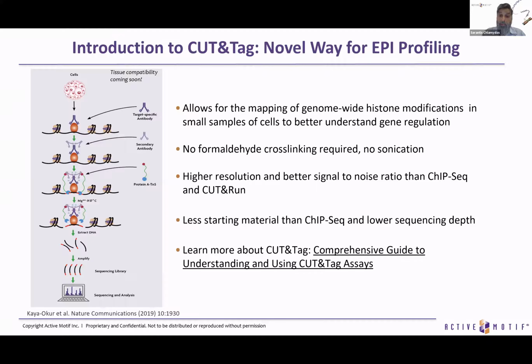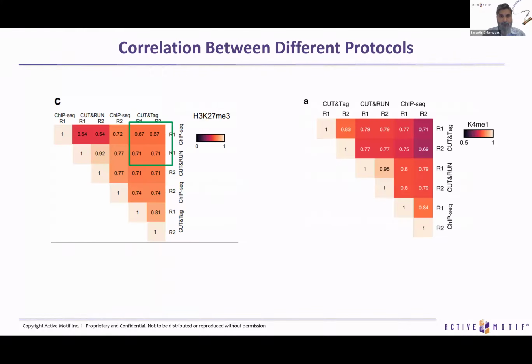You don't need sonication. We have seen that we get high resolution for mapping histone modifications and some transcription factors, with less starting material, and of course, you save a lot of time and money since you don't spend time generating libraries. It's happening at once with the use of the transposase.